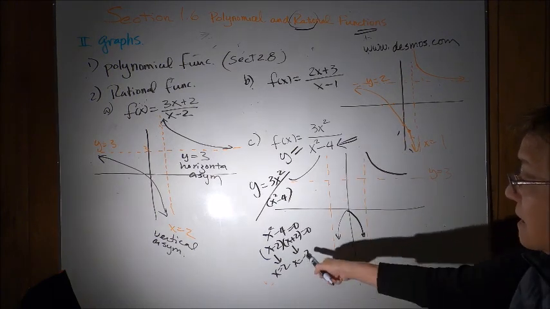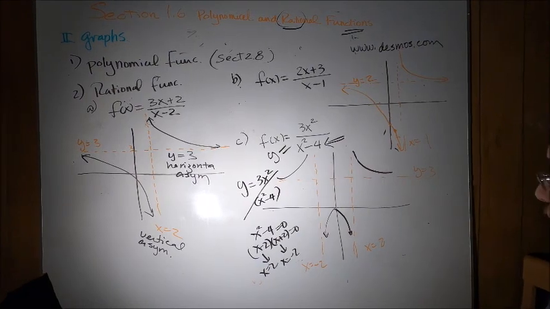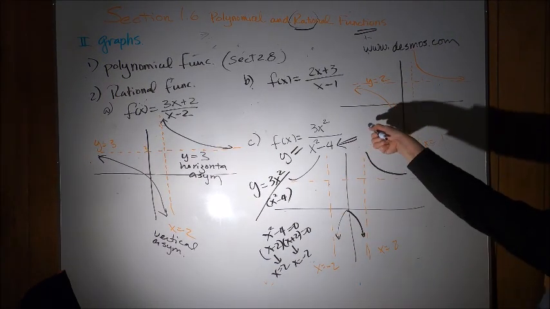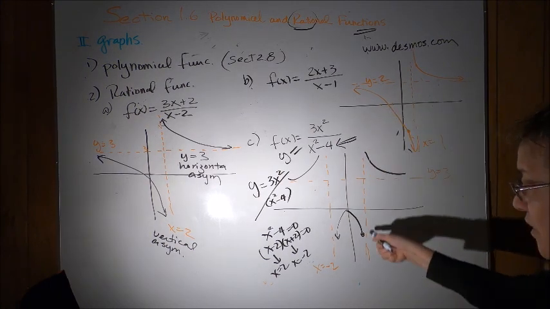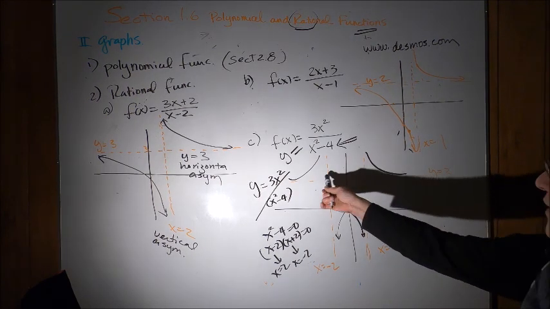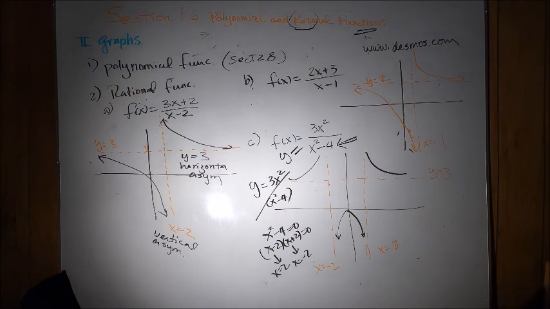The x cannot be at these two points. So they become your vertical asymptotes, your limitation. Then you also have a horizontal asymptote by looking at the graph.